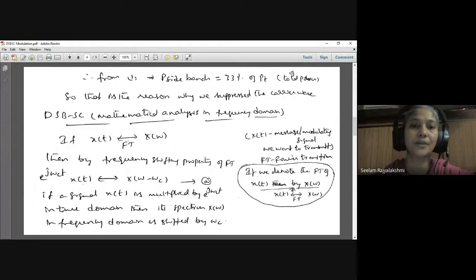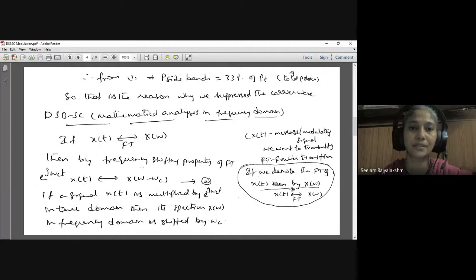Which property of the Fourier transform are we using? The frequency shifting property. So we are applying the frequency shifting property of the Fourier transform for this message signal by x of omega, and we will obtain.